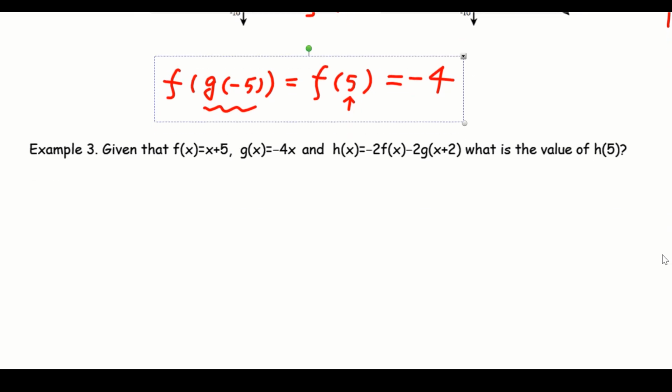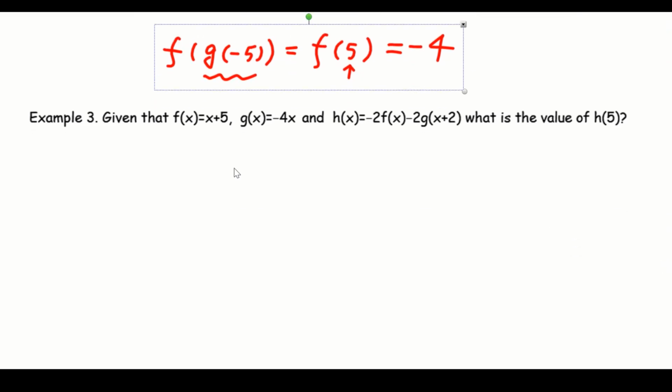So for another question, we call this one a composite of functions. 2 functions create a third function. The third function combines these 2 functions. So h at x equals -2 times function f, we sub in the function f, then -2 g at x plus 2.